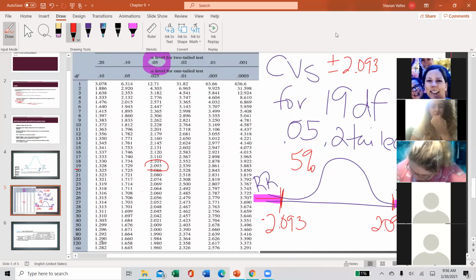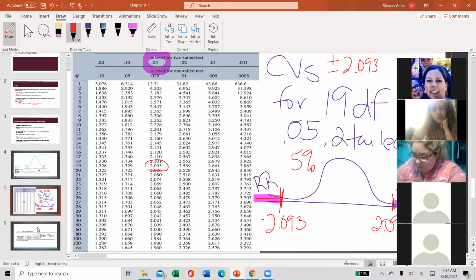In statistics, I have to make a decision. Okay, so you have some evidence there. You're going to have to make a decision at the end of our test. And that decision is whether we're going to reject the null hypothesis or we're going to retain it. Okay, and it's going to be based on our critical values and whether that t-value landed in the rejection region.